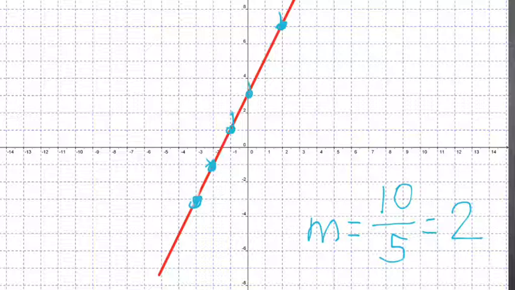So here's the thing that you always got to check for. Check always whether your slope is a positive slope or a negative slope. How to check that? Well, there's many ways.